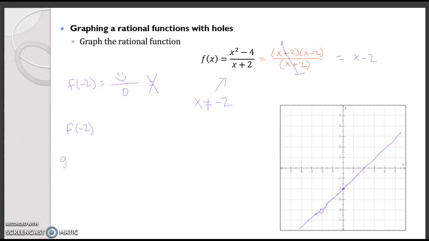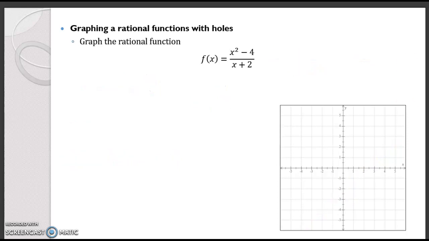But I can plug in negative 2 into the function that f is kind of acting like, which we will call g. So in this case, that's negative 4, which we can see, my hole is going to be at negative 2, negative 4. So it's really important to make sure you plot your holes correctly. So let's do another example.